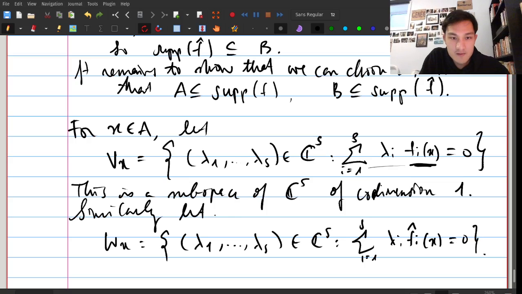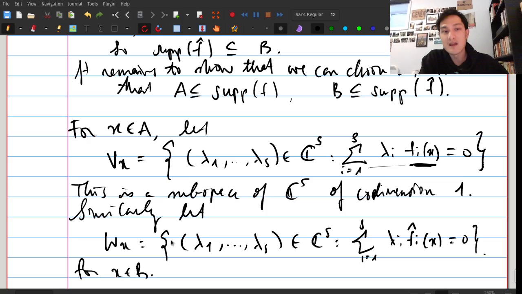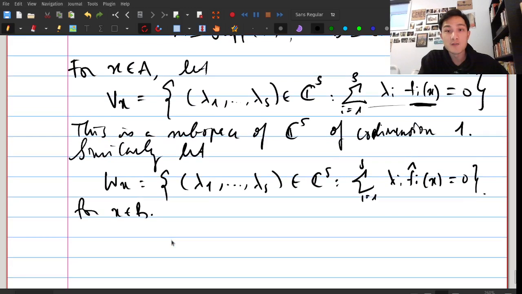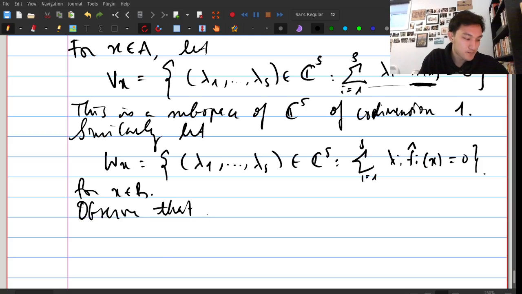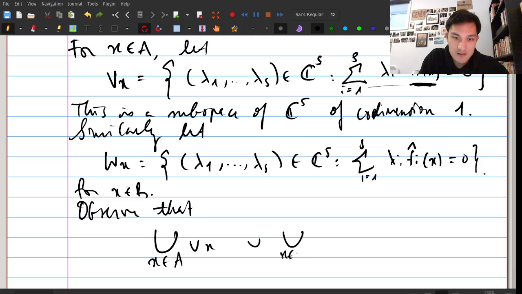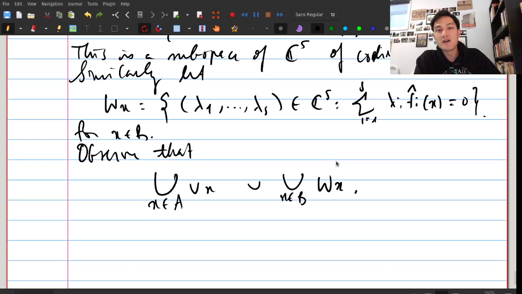Sorry, this is for x in B. Again, it's also a subspace of codimension 1. So now observe that the union of all V_x for x in A and the union of all W_x for x in B is a union of finitely many codimension 1 subspaces.